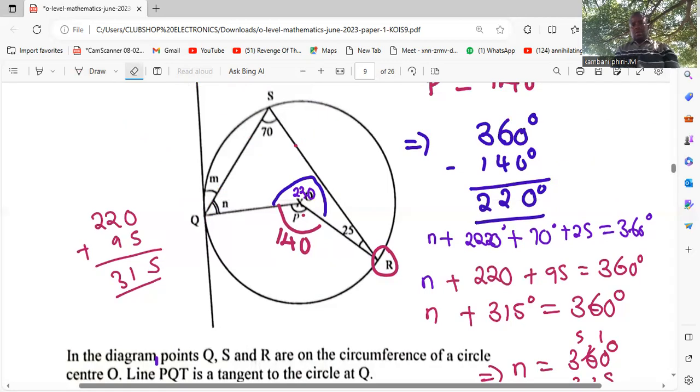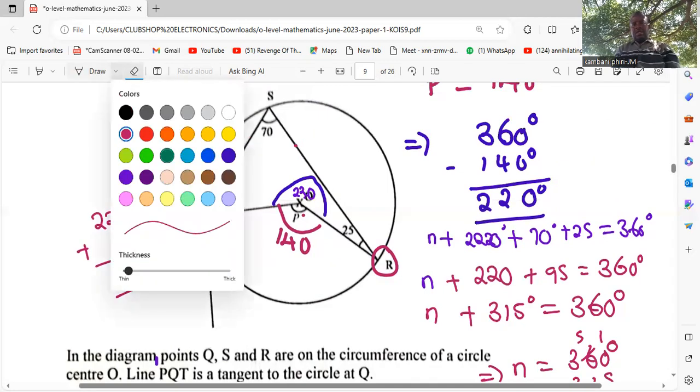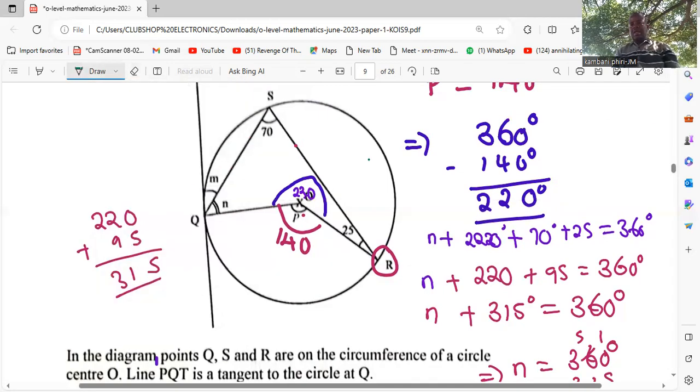Now, you're able to see that there's a line drawn from the center of the circle up to the tangent. This line is a radius. So we have a property which states that the radius and the tangent are perpendicular, meaning that they are 90 degrees.